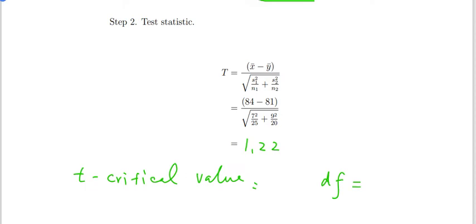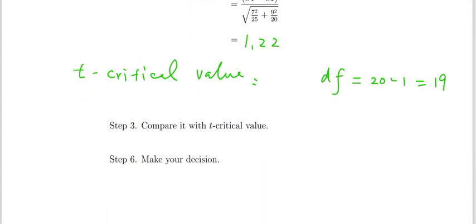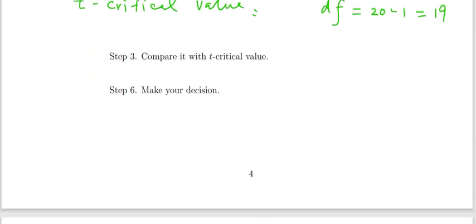We have two numbers, 25 and 20, so we pick the smaller one, 20 minus 1, which equals 19. One tail or two tail? It's one tail.